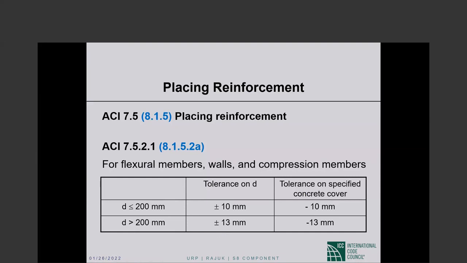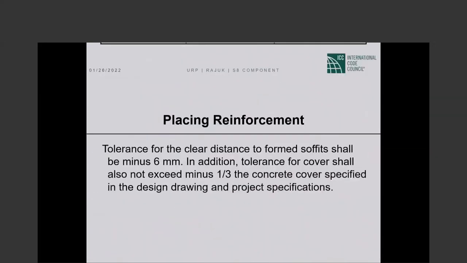The tolerances on specified cover are minus 10 millimeters for the shallower members, and minus 13 for d exceeding 200 millimeters. There is no given tolerance on the plus side. So the specified cover can be thinner by 10 or 13 millimeters. It can be thicker, but we don't have a specified tolerance.